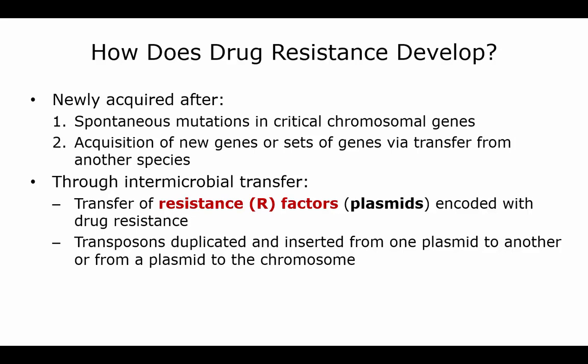If it's through any intermicrobial transfer, you're going to get resistance factors that are encoded with the drug resistance. They're the plasmids. Also, the transposons are going to be duplicated and inserted from one plasmid to another plasmid, or maybe even from a plasmid to the chromosome. And you remember transposons are the jumping genes.